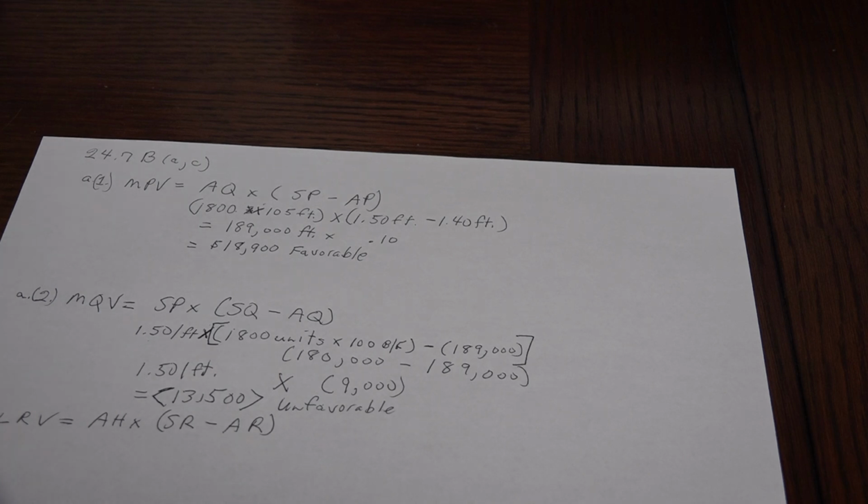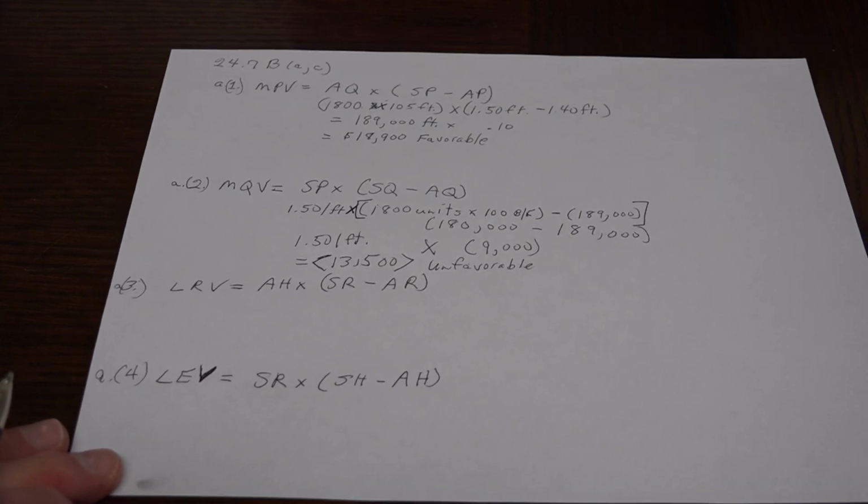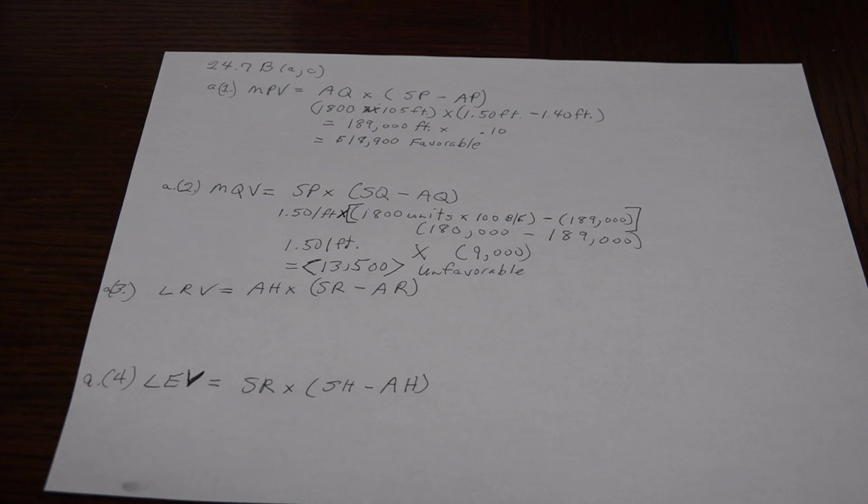All right, moving to the next one. The labor rate variance, if you look at what they have here, standard is 4 hours to make 1 unit of this desk at $10 per hour, and what actually happened is 4.5 hours was taken per unit at $9 per hour.